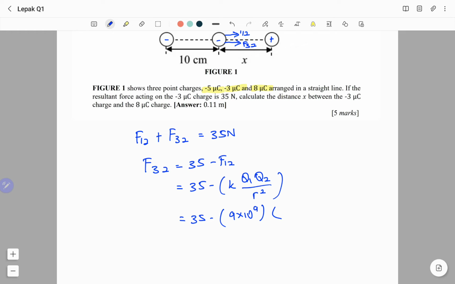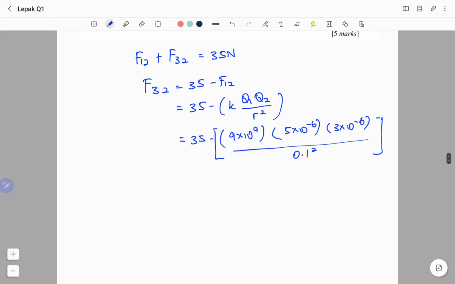Q1 value given, 5 times 10 to the power of -6, and Q2 value given, 3 times 10 to the power of -6, over 0.1 squared.